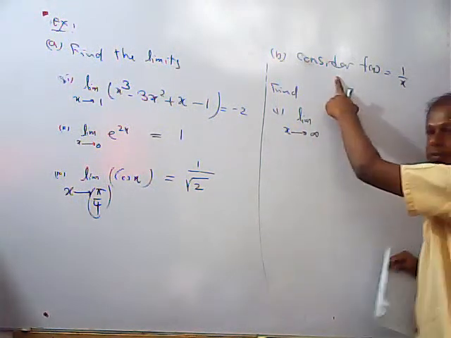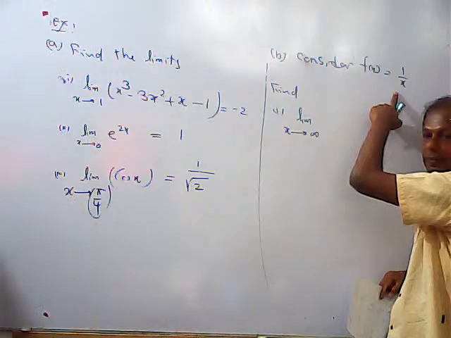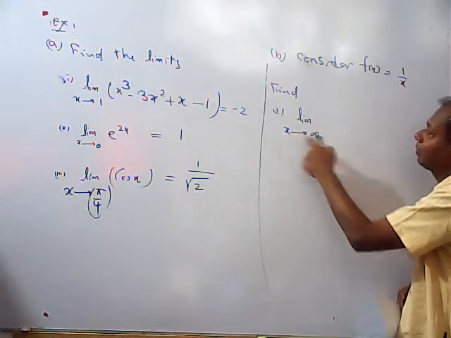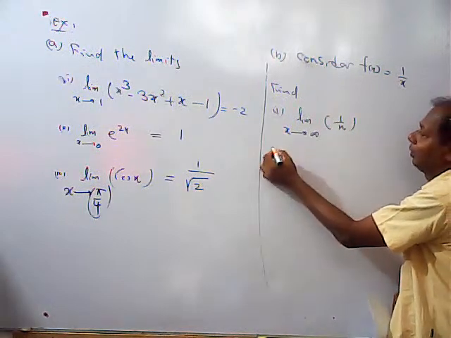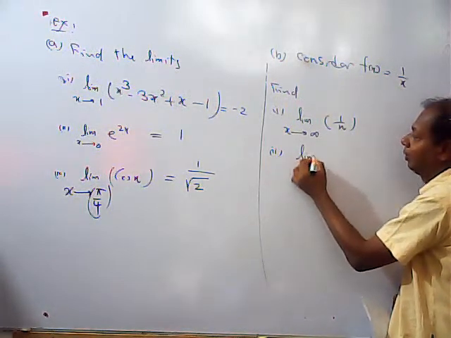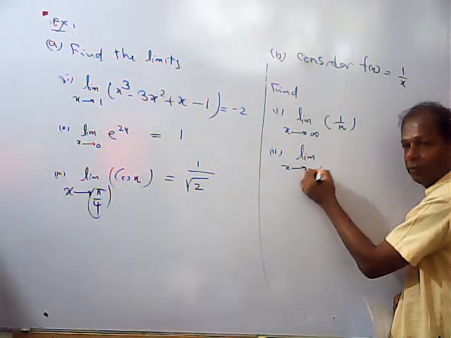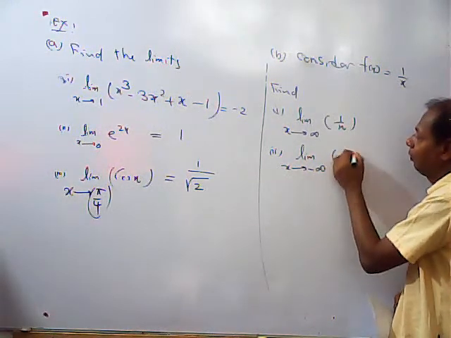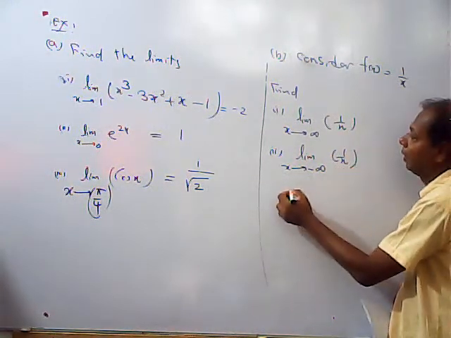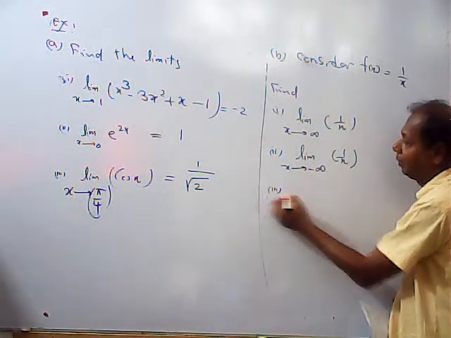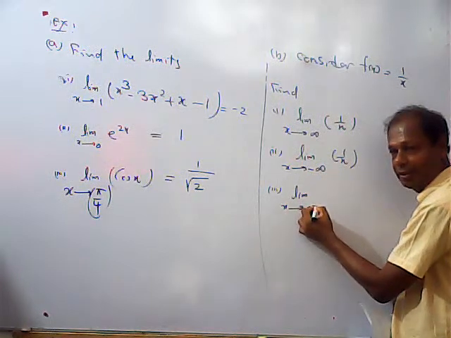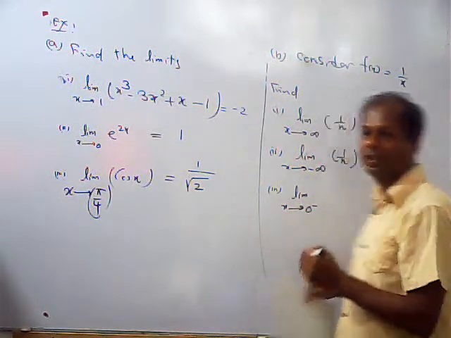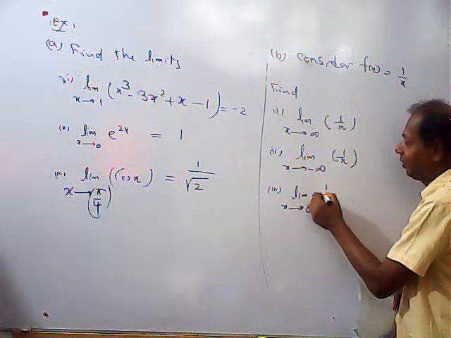Okay, now consider the function f(x) equals 1 over x. Find the limit as x goes to positive infinity of 1 over x. The limit as x goes to negative infinity of 1 over x. Then the limit as x goes to 0 from the left side of 1 over x.